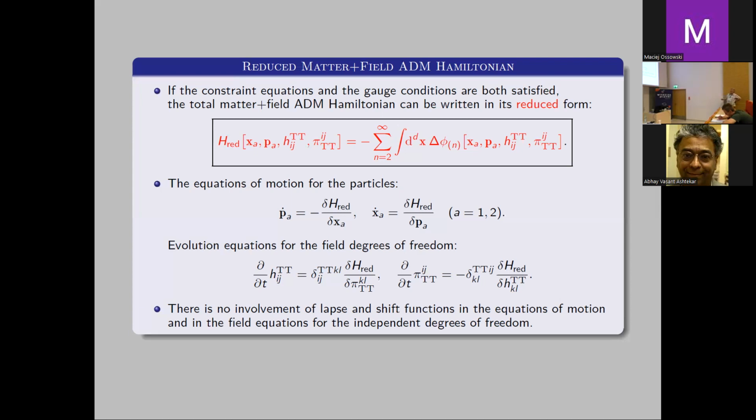And what is interesting is that the lapse and shift functions are completely decoupled from the theory. We do not need them to compute equations of motion or evolution equations of the gravitational field degrees of freedom. Of course, from the initial Hamiltonian follow the equations for shift and lapse, and if we need them, we can go back to these equations and solve them. No problem.